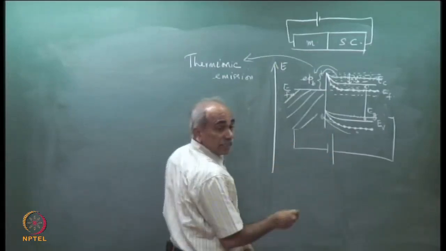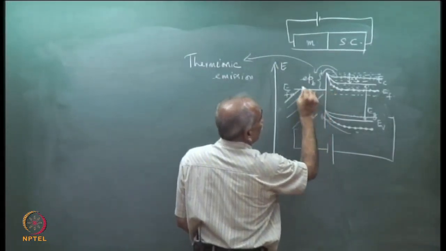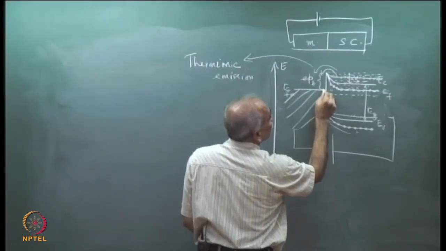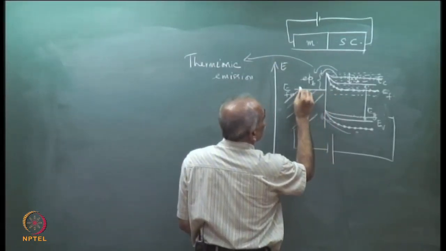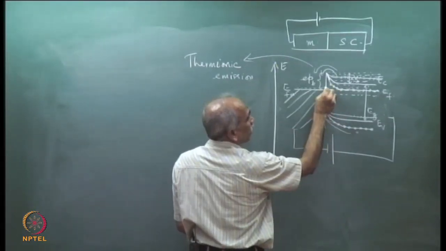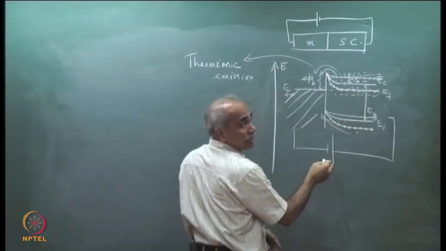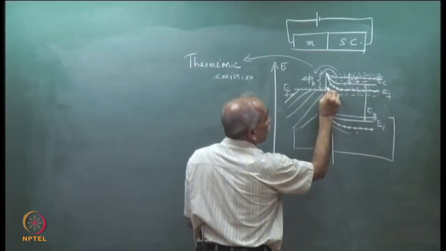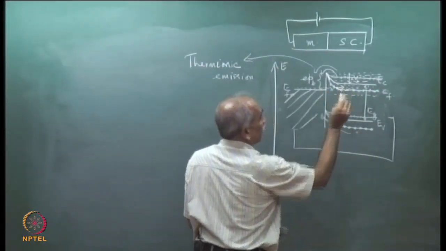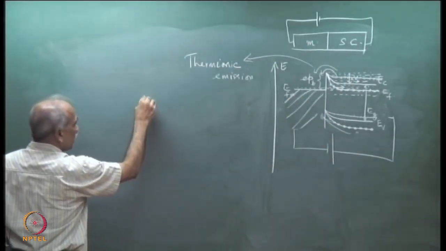But more importantly, there is a new current which comes, which is called tunneling current. If there are electrons here and they find, at the same energy, vacant permissible states, then electrons can tunnel through this barrier. Now this part I will zoom in and show you more clearly.